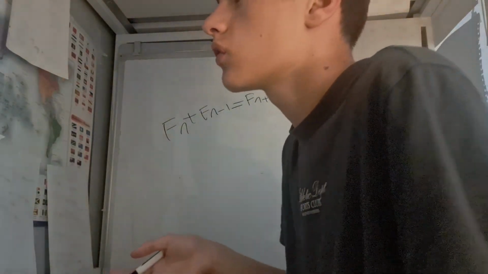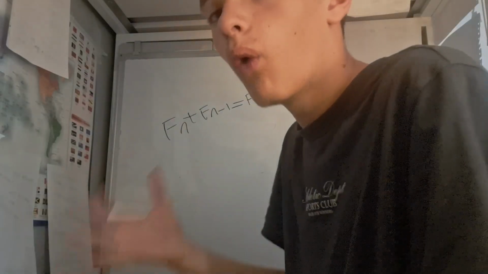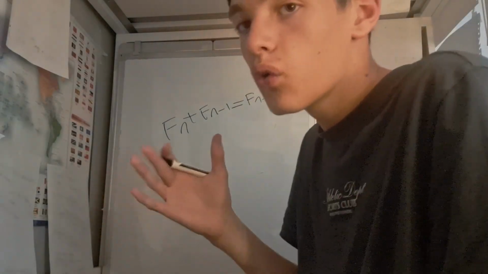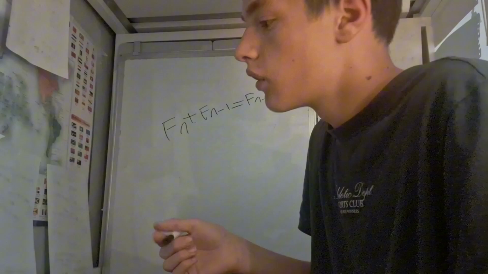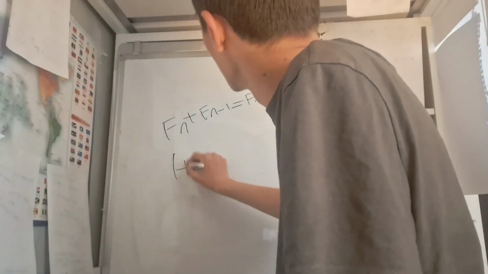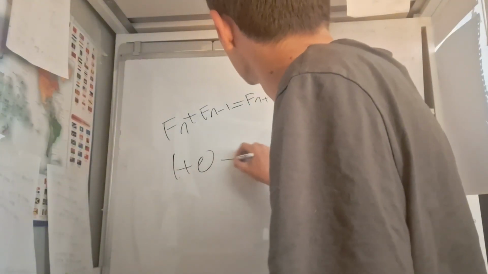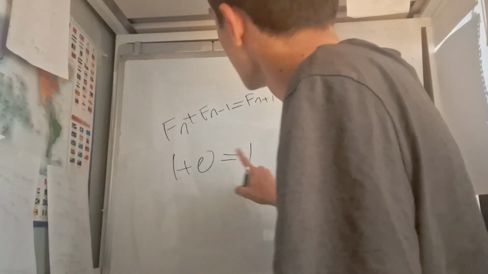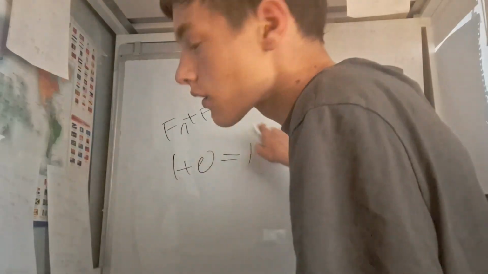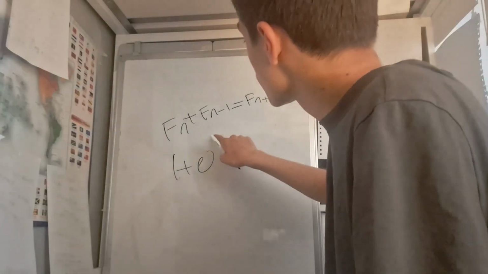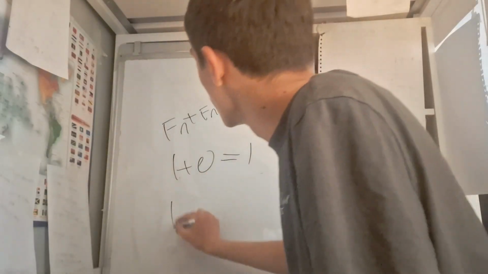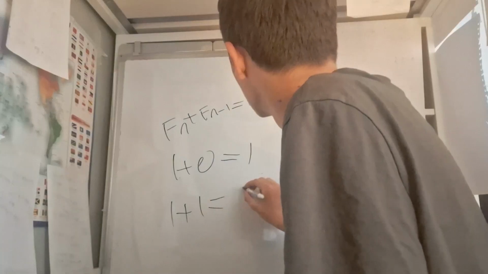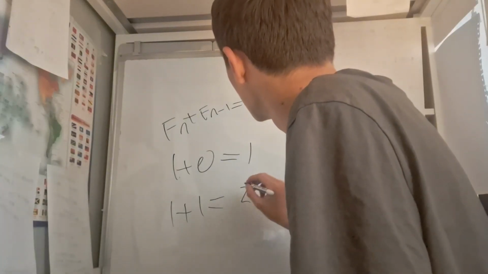You have some value which you start at, which is 1, and you add the previous, and we assume the previous is 0. So it would be 1 plus 0, which equals 1. And now when we iterate again, the previous will be 1. So it will be 1 plus 1, which equals 2.